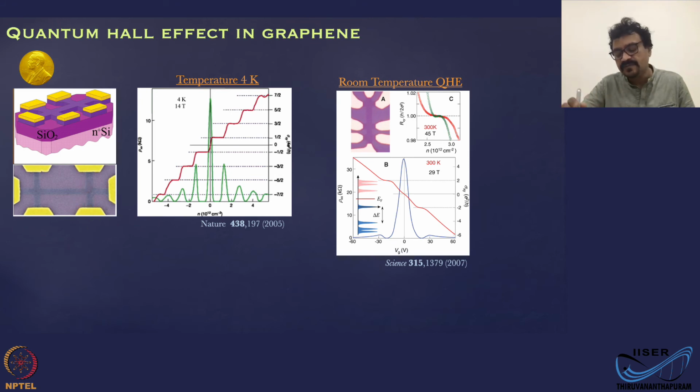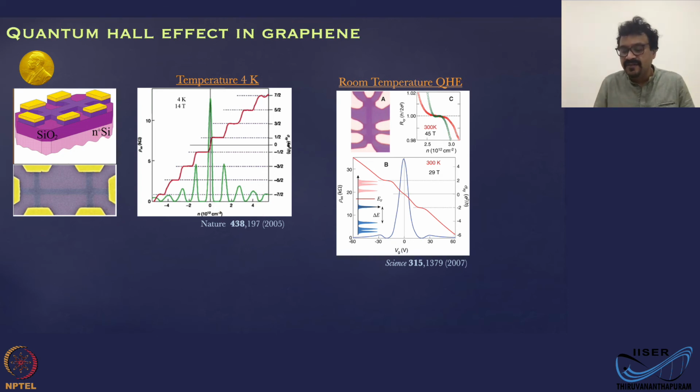Okay, and when you conduct the same experiment where you measure the transverse resistance as a function of magnetic field over carrier concentration. So in this case, the magnetic field was fixed at 14 Tesla, and the carrier concentration was varied by varying the gate, the back gate.